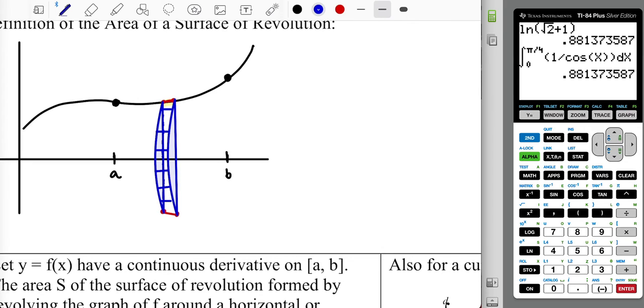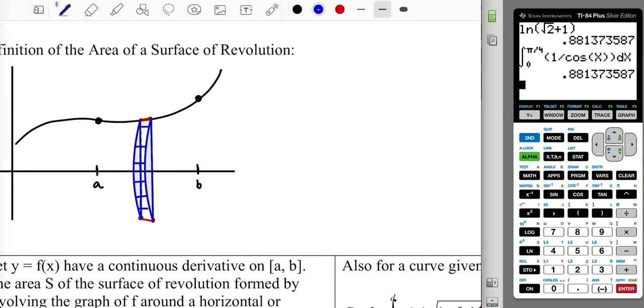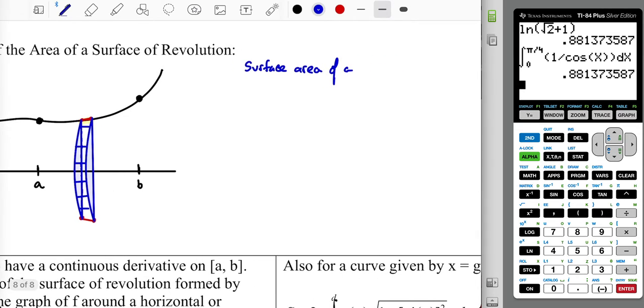Well, if we talk about circumference, so surface area of an infinitesimal arc would be the length multiplied by the circumference.